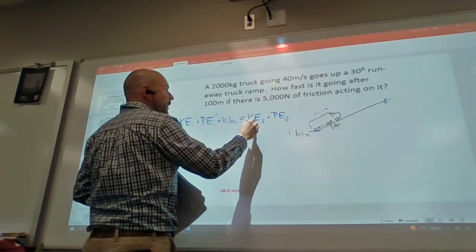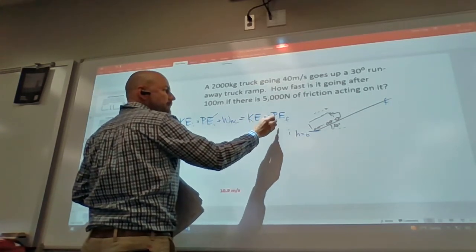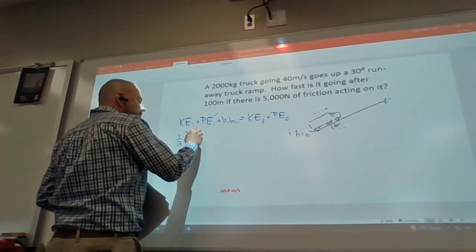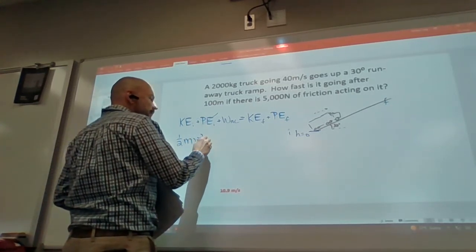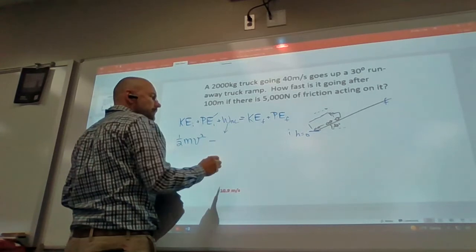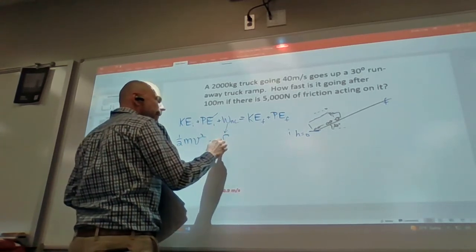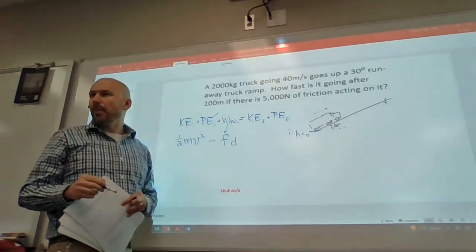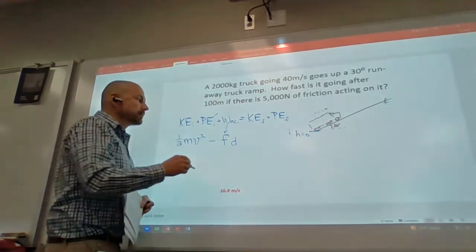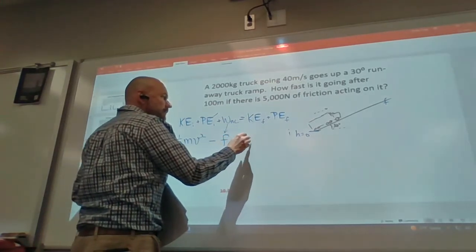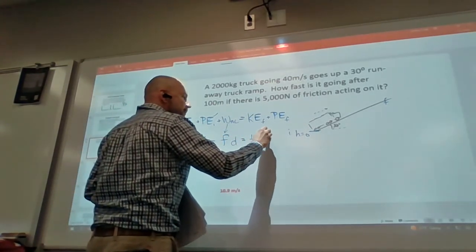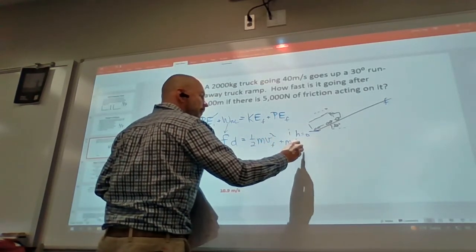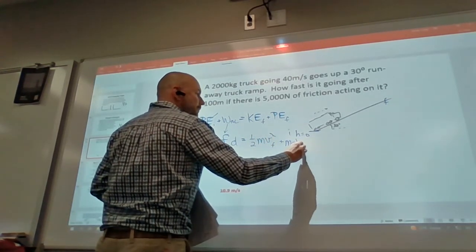You go, how fast is it going after it's 100 meters? So you're still moving and you're above ground zero. Now, it's negative work being done, and it is friction times distance. You've got to do friction times distance here. One half mass times speed squared final plus mgh final.